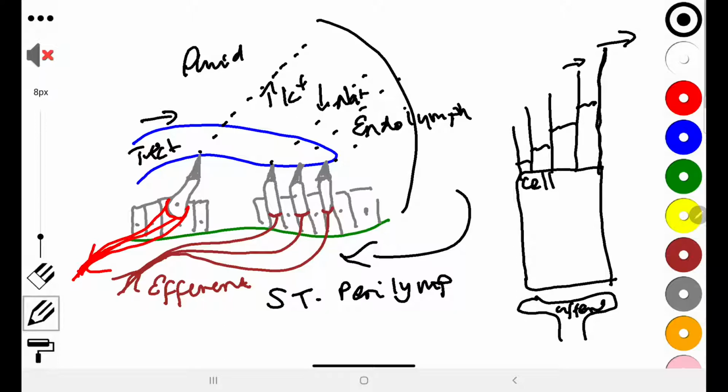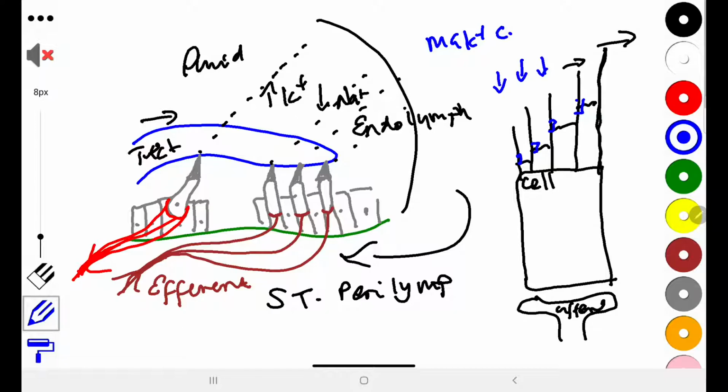Once they move, they will cause a stretch, a straining, and this stretch is going to open up these potassium channels. These mechanically gated potassium channels will then allow an influx of potassium.